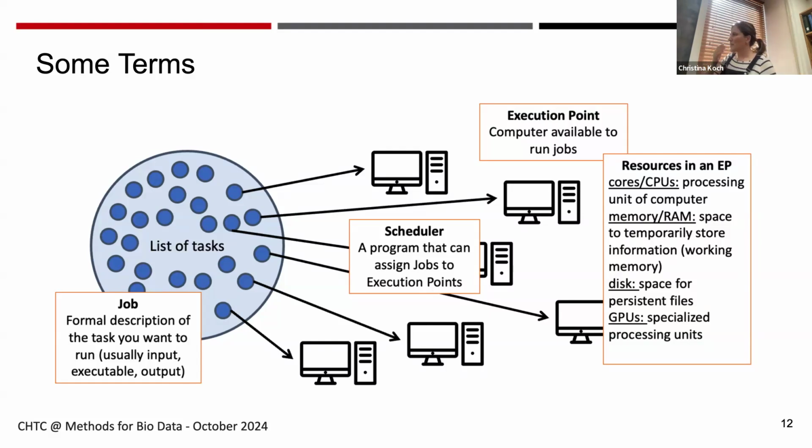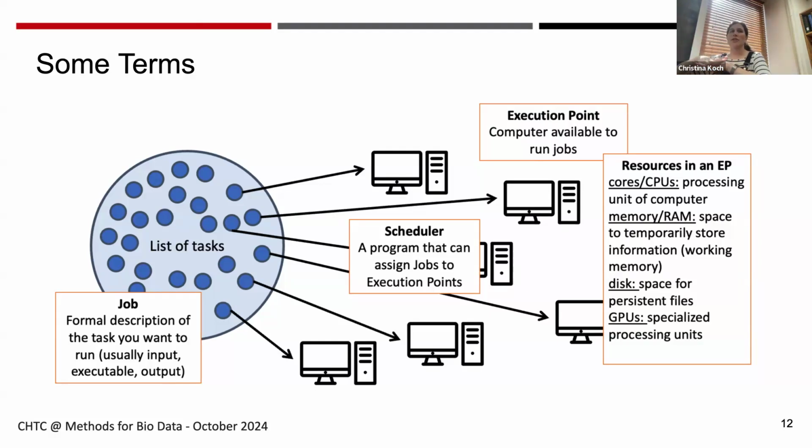And I throw this up here because we gave an intro tutorial last year, and someone asked, can you actually define these things? So when we talk about actual computational resources, we usually mean 3 to 4 things. We mean the actual processing power of the computer, sometimes called a core, sometimes called a CPU. Technically different, but for our purposes, same idea. Memory or RAM. So this is like the working memory of the computer. It's used by processes that are currently running.